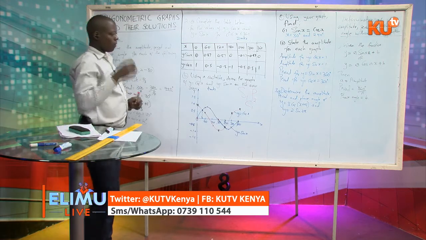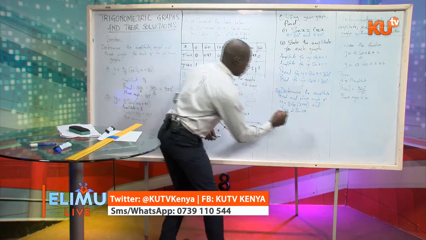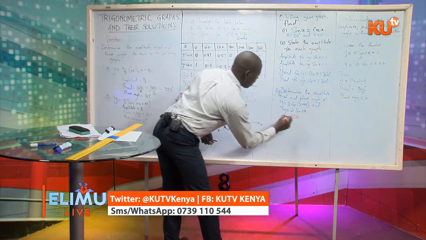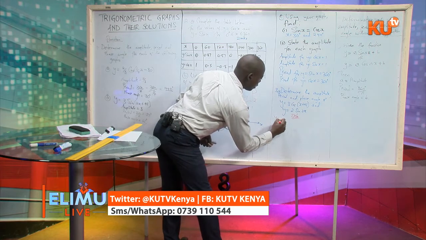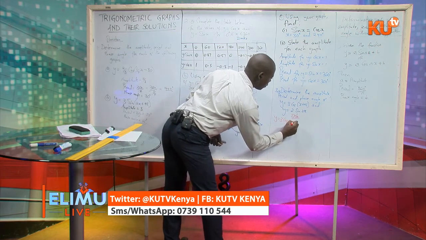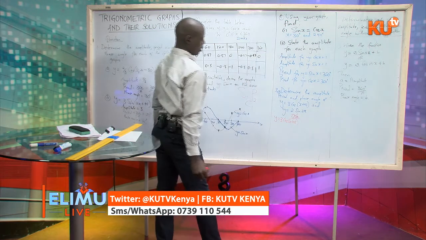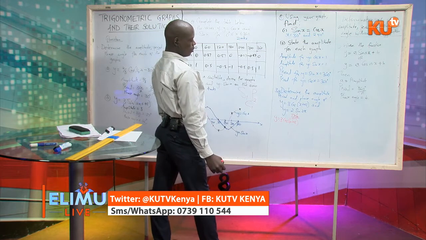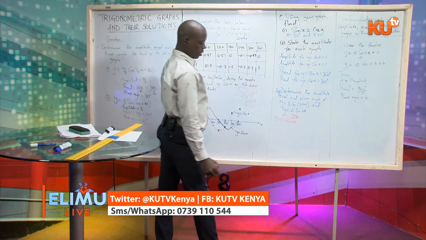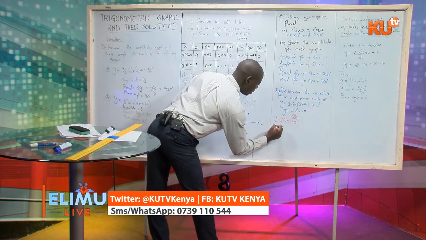So for each of the graphs, our solution will be y is equal to 3 cos (x + 45). In this case, the amplitude is the coefficient of cos, which is 3. This is the amplitude.